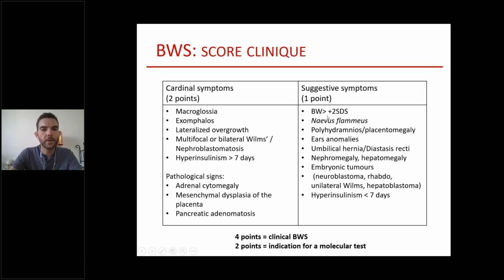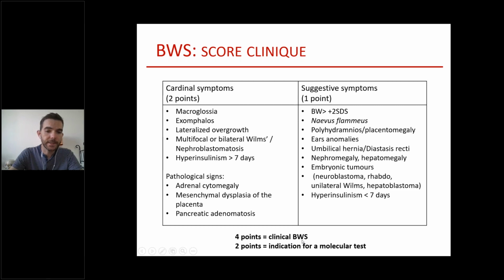put the birth weight over +2 SDS as only a suggestive symptom and not a cardinal symptom, meaning that some children with BWS will be born with normal birth parameters. So birth weight larger than +2 SDS is only a suggestive symptom. So we decided that if the score of the patient reaches 4 points, it's enough to define a clinical diagnosis of BWS.